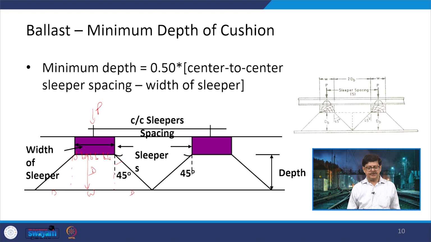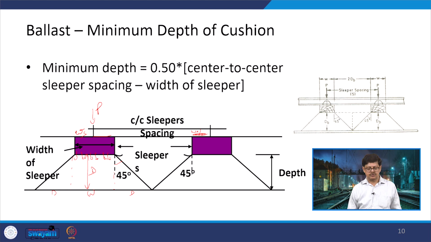So, considering these, this formula has been found out that if we have a center to center spacing, we reduce the width of the sleeper, because half is coming here and half is coming here. So, if the width of the sleeper is Ws, this is Ws by 2, and Ws by 2 and Ws by 2 have been taken together.